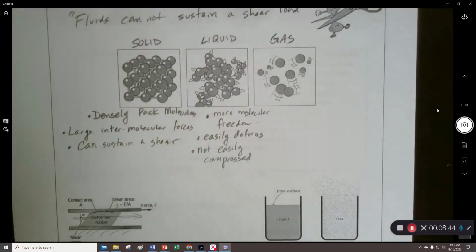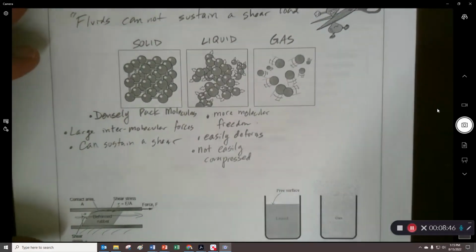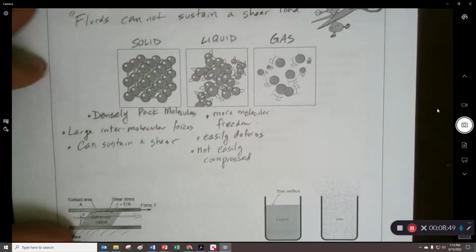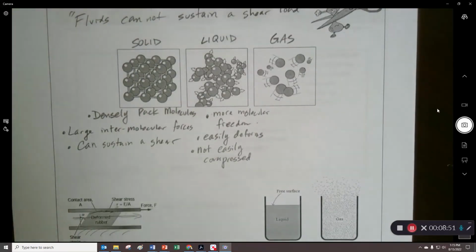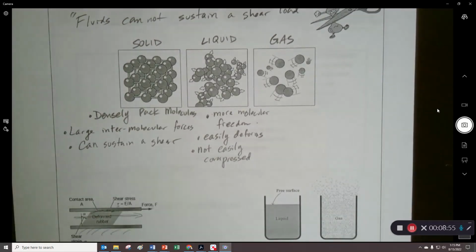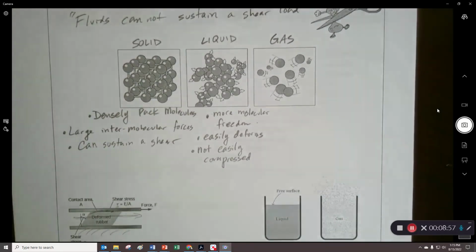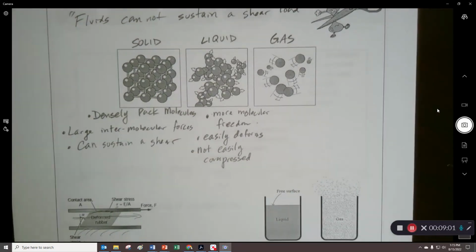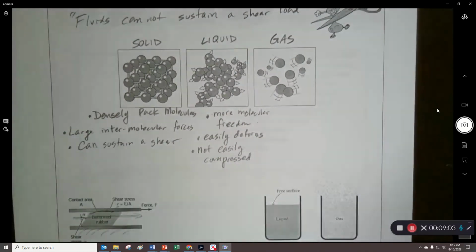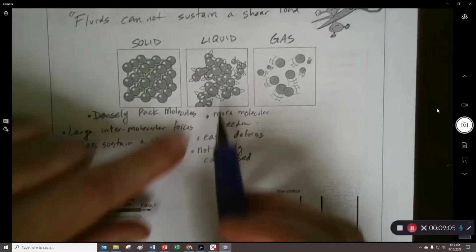But it takes a large amount of force to produce even a small amount of deformation. You wouldn't even be able to see the deformation in most solids when you apply a force. If it's steel or something like that, it will deform, but it's not going to be very obvious until there's a really large amount of force. Same kind of thing is true with a liquid.